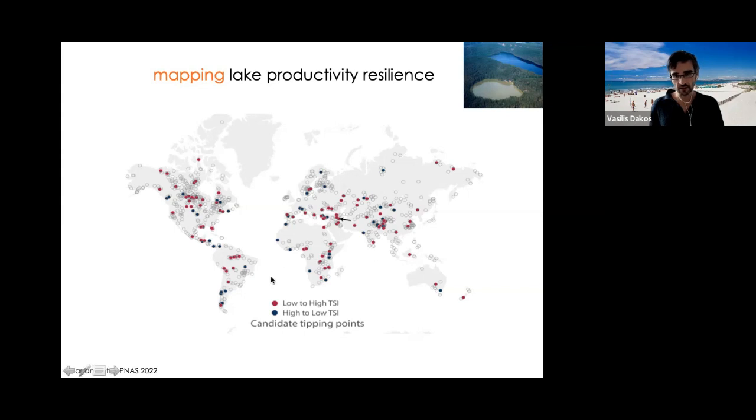And actually we see that half and half of them shifted from a low to a high productivity regime, but we also had the opposite result. This would be like the positive change, out of something that was more productive, more eutrophic, became oligotrophic. These were more our candidate tipping points.